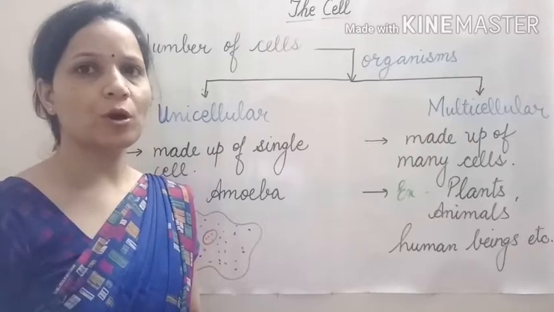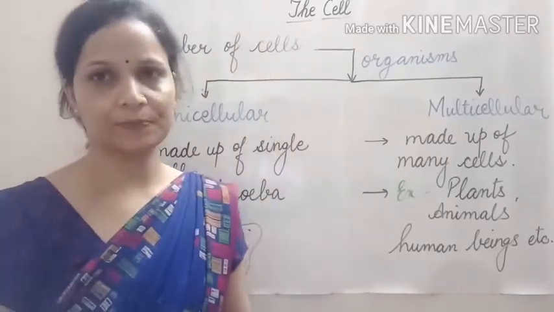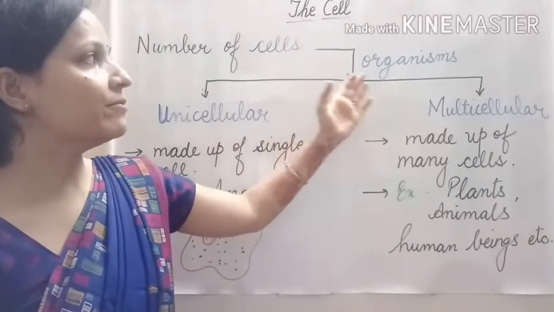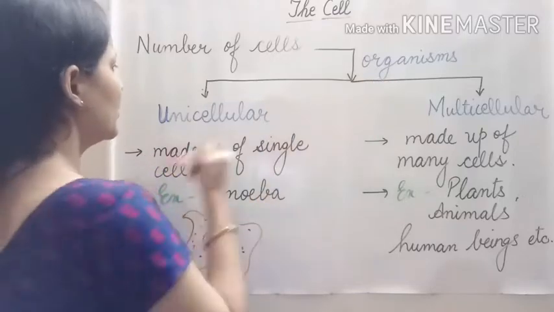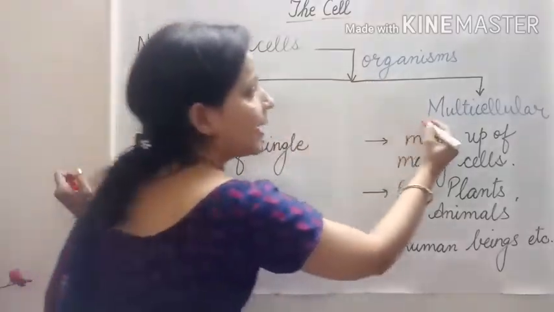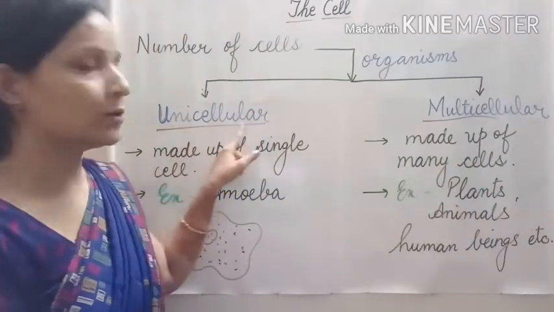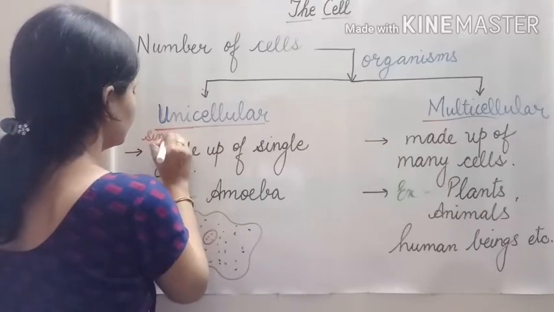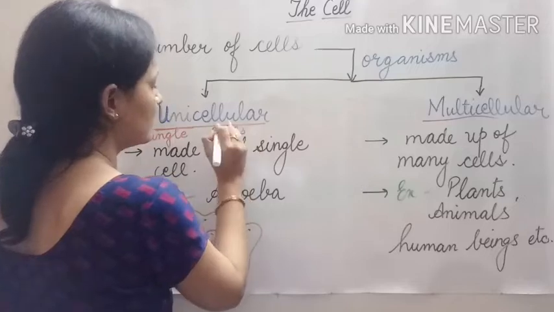Now our next topic is number of cells in living organisms. Based on the number of cells, living organisms are grouped as unicellular and multicellular. Uni means single and cellular means cell.